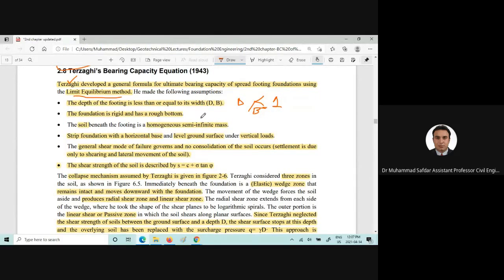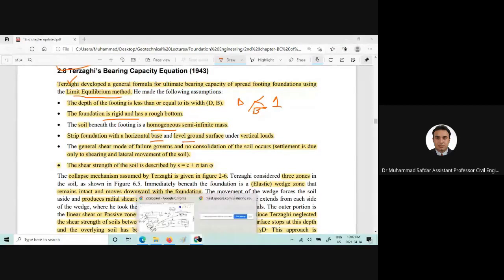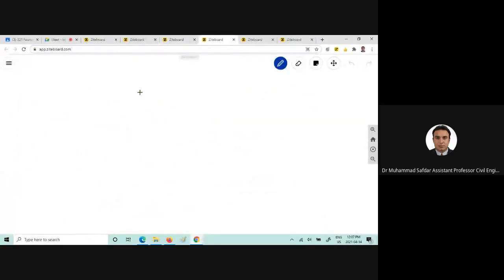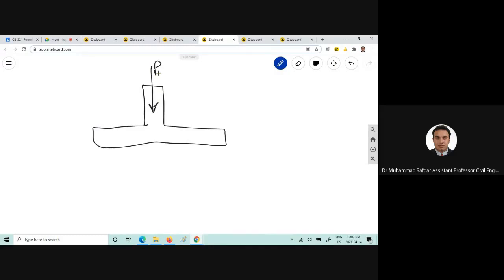The foundation is rigid and has a rough bottom, so these are the assumptions. The soil is homogeneous, and also the strip footing with the horizontal base, okay, that's an important point. In this theory, the Terzaghi bearing capacity theory, we are only dealing with the vertical load, and also the surface is level.